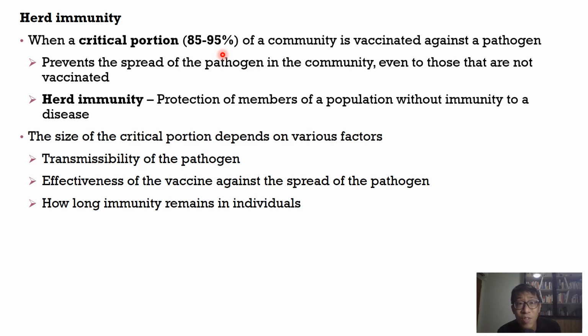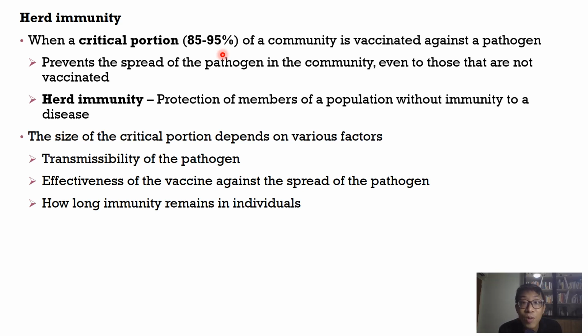So last time I checked, there is really no consensus, especially for COVID, right, on how much of the population needs to be vaccinated to reach this herd immunity. I don't think the scientists have agreed. And with the variants of COVID that keep appearing, some of which are more transmissible, like Omicron, this critical portion would increase as the variants appear, right?